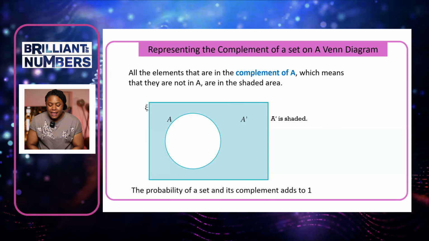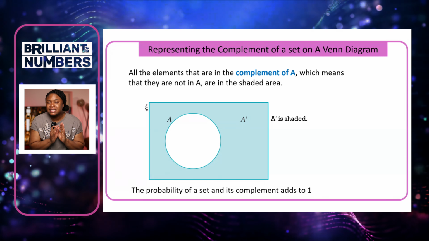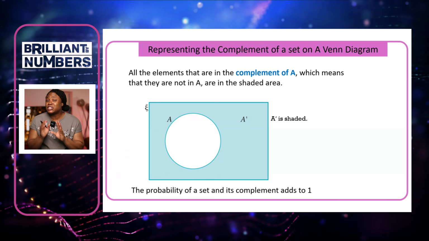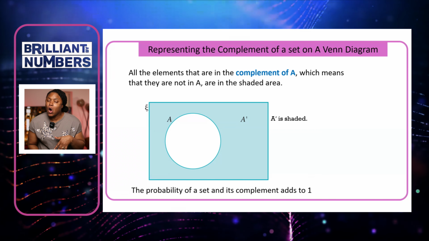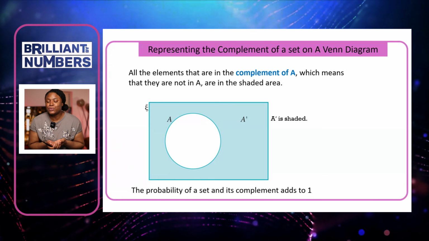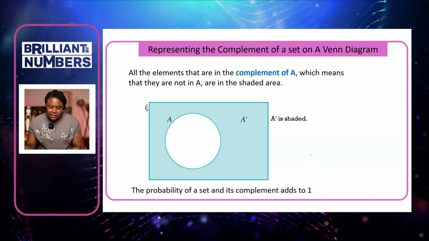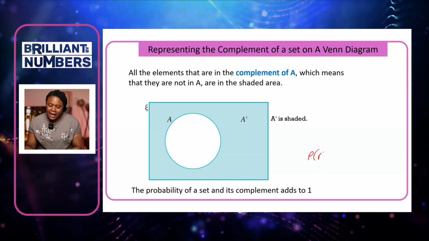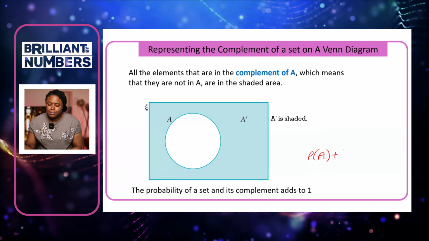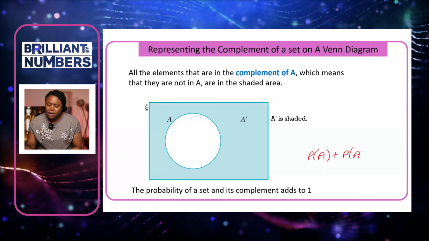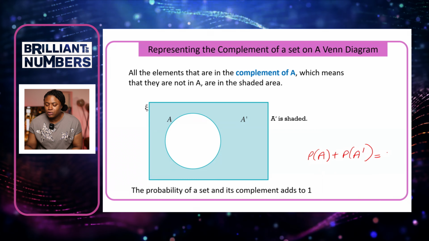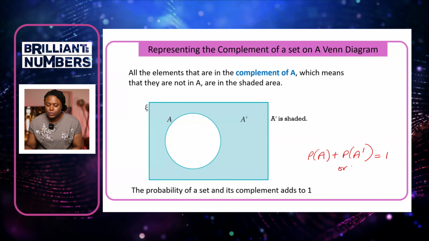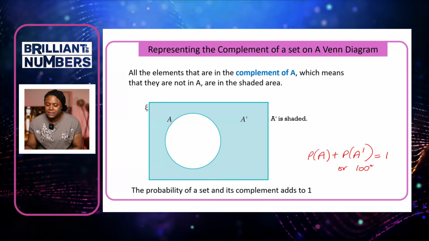Important to note that the probability of a set and its complement added together will give us 1, or we could say 100% as well. So I will just visualize it for you. So the probability of A plus the probability of A complement, what's not in A, will always be equal to 1, or it will be equal to 100%.